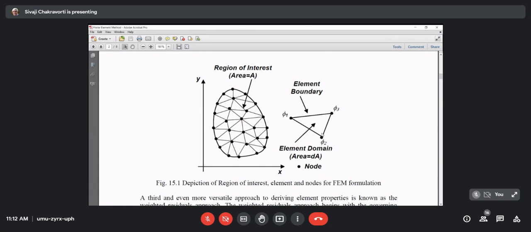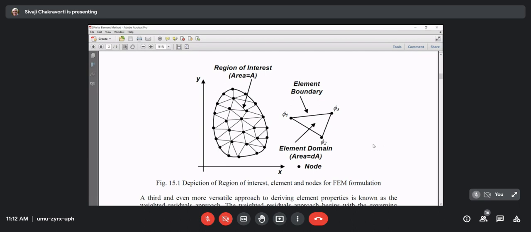In FDM, you remember, it was the distance between the two nodes. That's why the name finite difference came. That is the difference between the two nodes. Whereas here all the computation is over the element domain, not just the nodes. So we call it finite element.